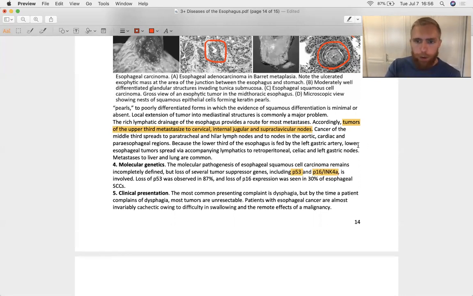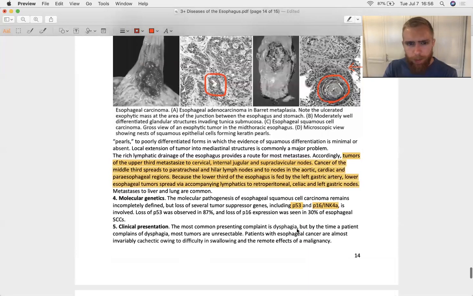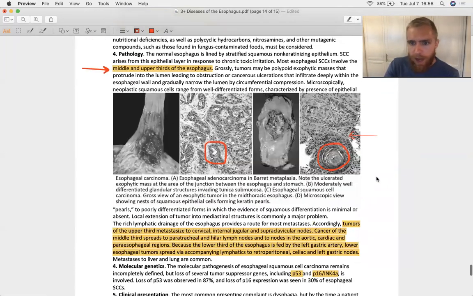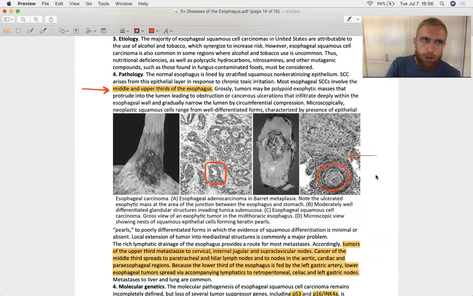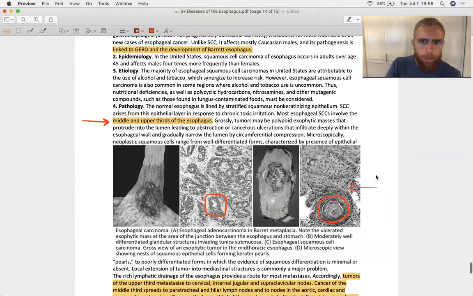Metastases to the liver and the lung are common. And of course, we're saying squamous cell carcinoma, adenocarcinoma, malignant invasive cancer, so metastasis is fairly likely. I'll highlight that whole section at the bottom of page 14, because it's telling you there are a lot of different places you ought to suspect nodes, and that's important for whoever's job it is to deduce the sentinel lymph node when it comes time to stage this tumor.